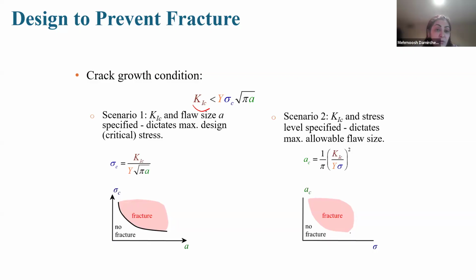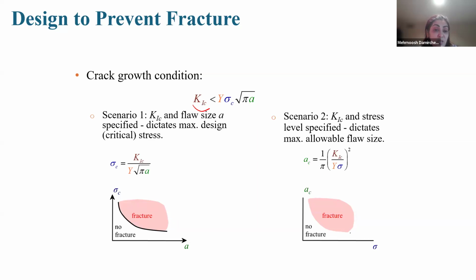Here we have two scenarios in designing, for you as a designer or mechanical engineer. In the first scenario, K1C and the size of the crack, A, are specified. We are looking to find the maximum or critical stress.